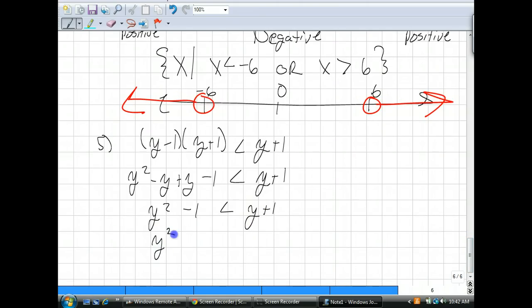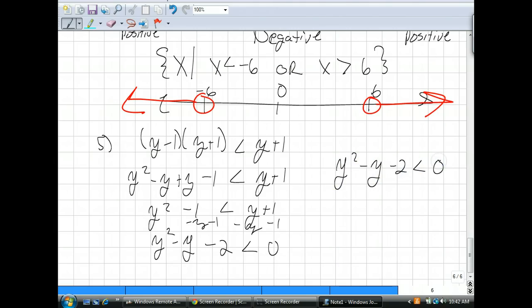Subtract y from both sides. And subtract 1 from both sides. Okay, so what I have now is y squared minus y minus 2 is less than 0. Now I'm going to factor that.